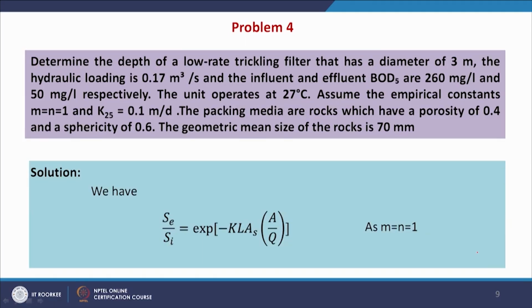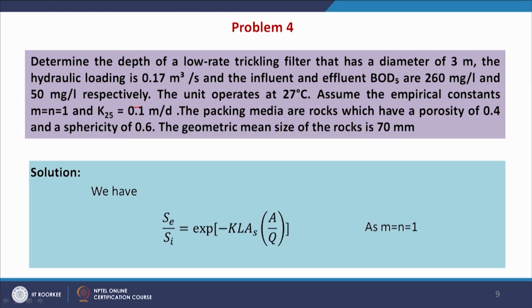Now, problem number 4: determine the depth of a low rate trickling filter that has a diameter of 3 meter. The hydraulic loading is 0.17 meter cube per second, and the influent and effluent BOD5 are 260 mg per liter and 50 mg per liter respectively. The unit operates at 27 degree centigrade.